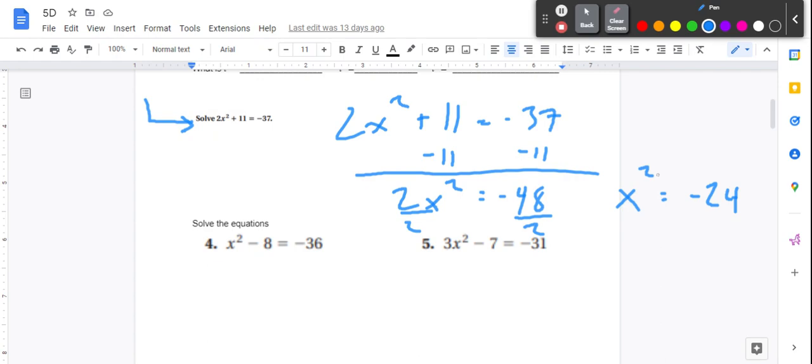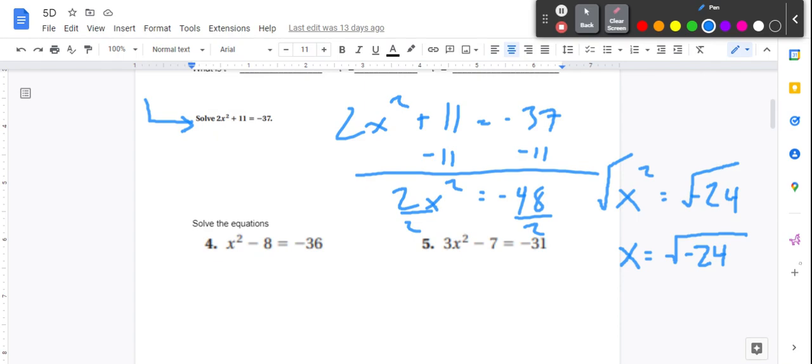Doing the algebra, we square root both sides, right? So x is going to be the square root of -24. Now, we can't take the square root of a negative number, but now we can, in a way, using imaginary numbers.